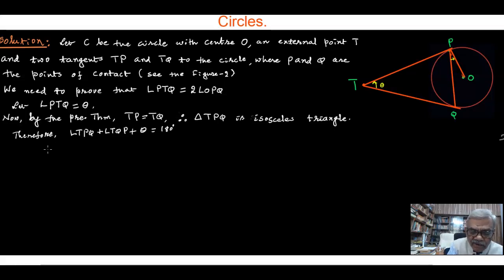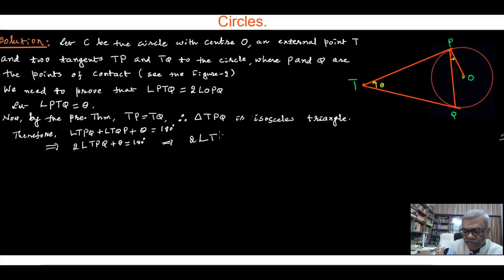This implies twice angle TPQ plus theta equals 180 degrees.